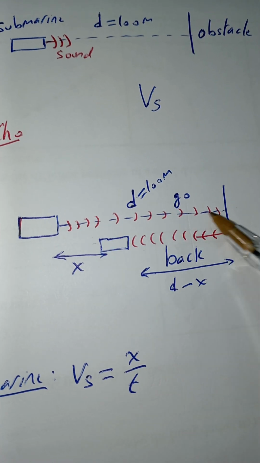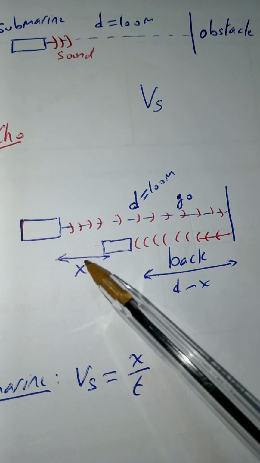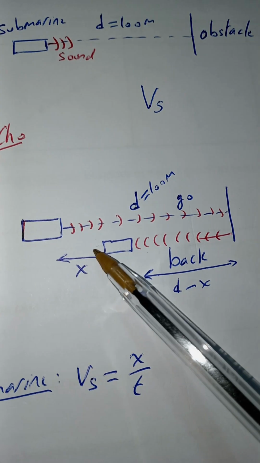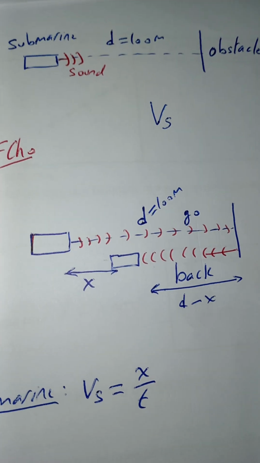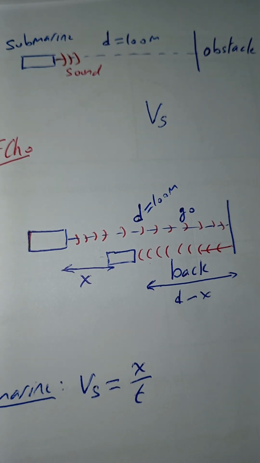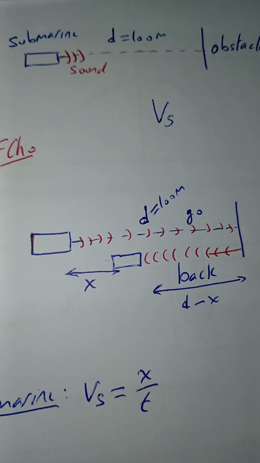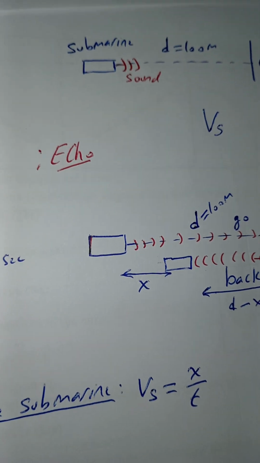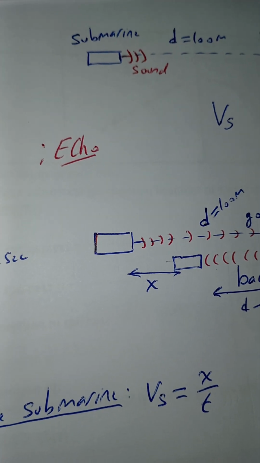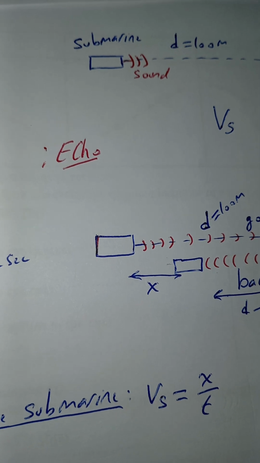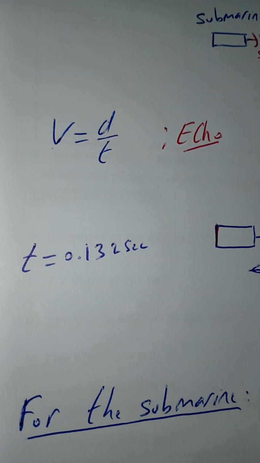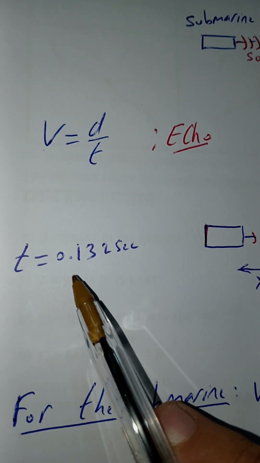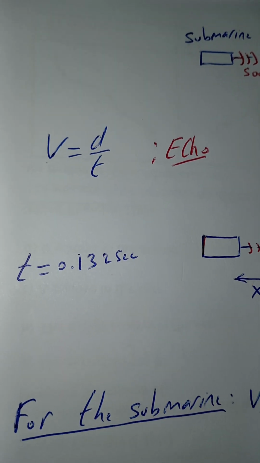But in this time, the submarine moves a distance considered as x, an unknown distance x. Now the only given here is the speed of sound, that is 1500 meters per second, and the duration between the emission and the reception of sound.